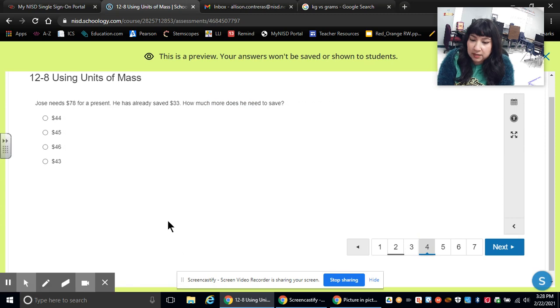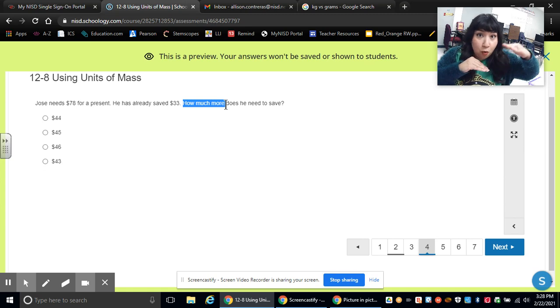Number four says Jose needs $78 for a present. He already has saved $33. So how much more does he need to save? Again, we have this key phrase, how much more. You're finding the difference. I have this much, I need this much.